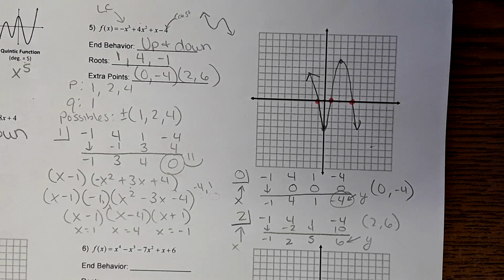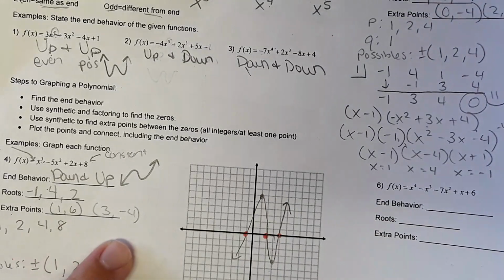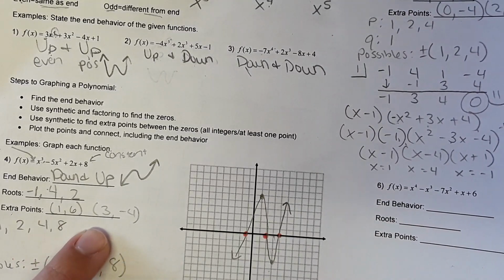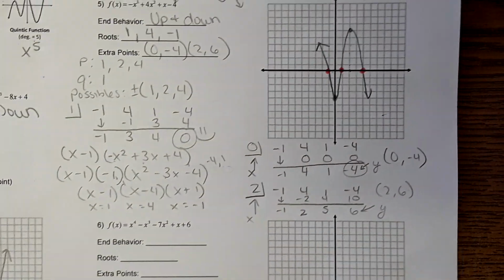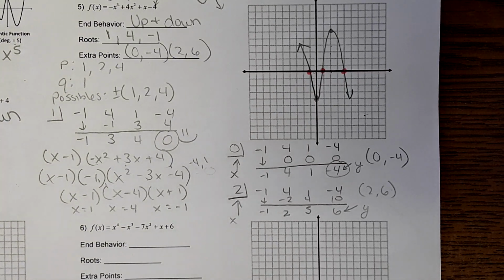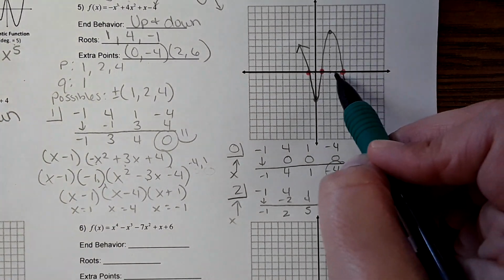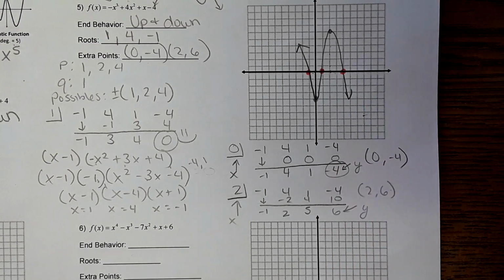The extra points. For number 4, yeah. I did, didn't I? There's only 2 extra points. Oh wait, you didn't have an extra point? Okay, I don't know. You could also solve for 3 if you wanted to. It's up to you.